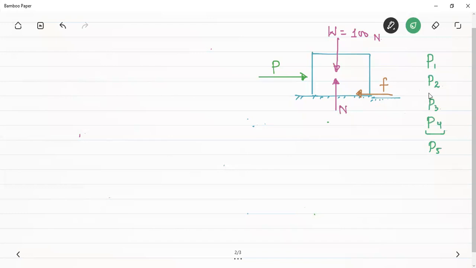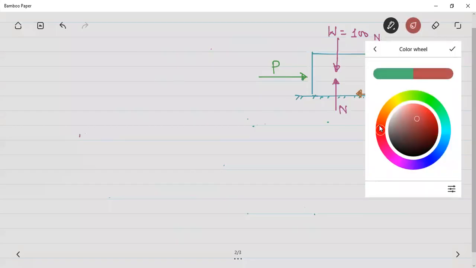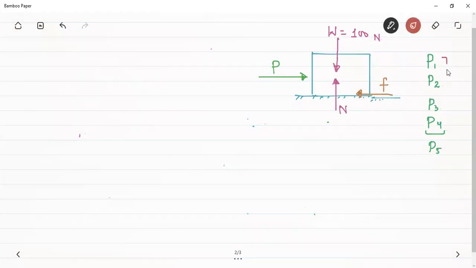So for some values of P, if I consider these three values, the block remains at rest. If I consider this value of the applied force, the block starts to move. This is simply an example. And if I further increase it, the block will be moving.